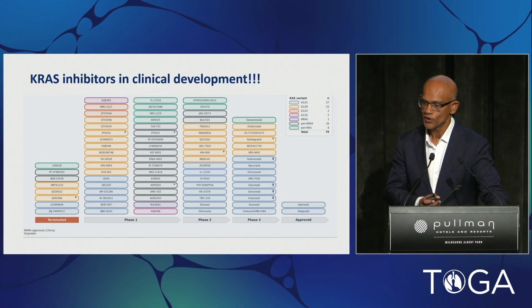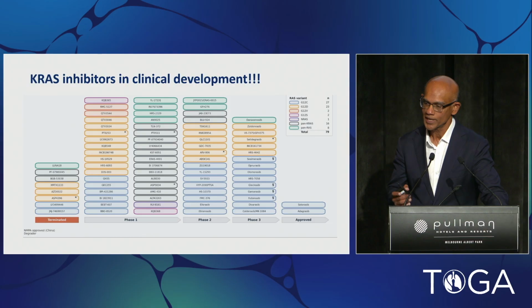So not so long ago, someone would put up a slide and say KRAS is undruggable, but far from it. This is probably an incomplete diagram of the number of KRAS inhibitors in clinical development. And probably the biggest bunch is the blue block, which is the G12C inhibitors.